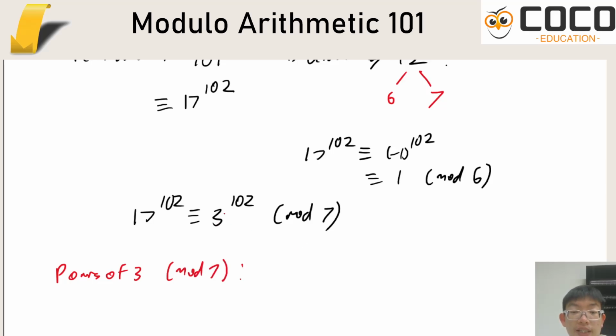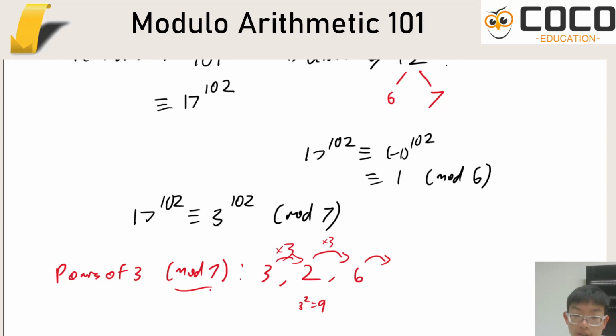I want to see the pattern of powers of 3 mod 7, so 3, then 3 squared is actually just 2 mod 7, and each time you just now multiply the previous one by 3 and then simplify it down mod 7. So 18 becomes 4, times 3 is 12, that becomes 5, times 3 is 15, that becomes 1. And once you have seen 1, you know that it will loop back again.